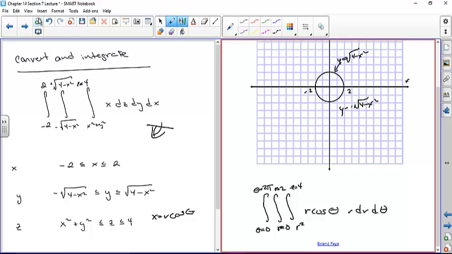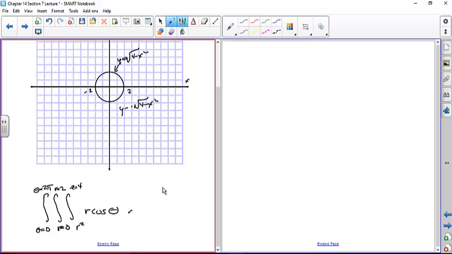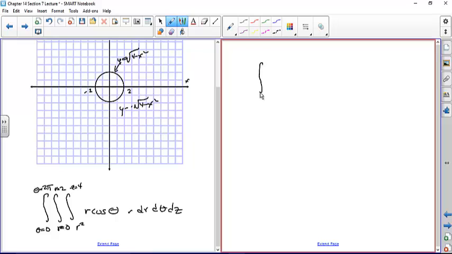Now let's just finish it off. The first thing, we've got to put a dz in there as well. I forgot that. Now let's do r dr d theta dz. So we're going to integrate with respect to z first. So when we integrate with respect to z, we're going to have r squared cosine theta, z evaluated between r squared and 4, and then we have dr d theta.